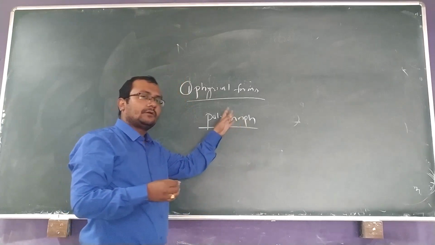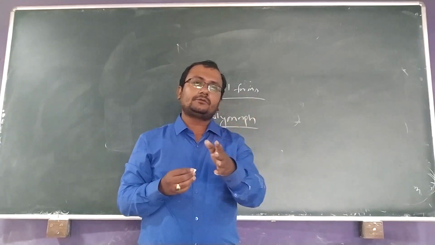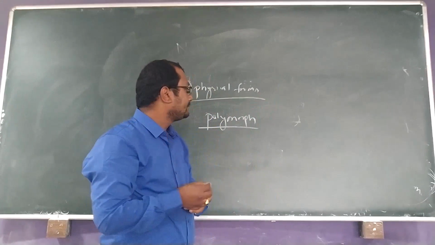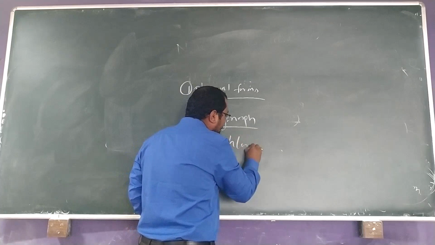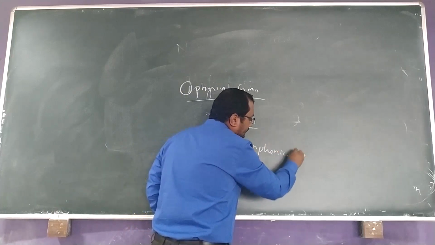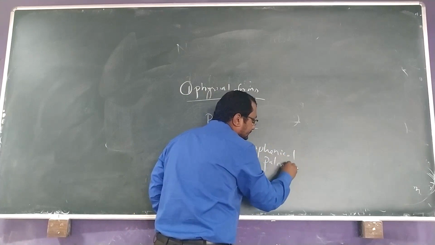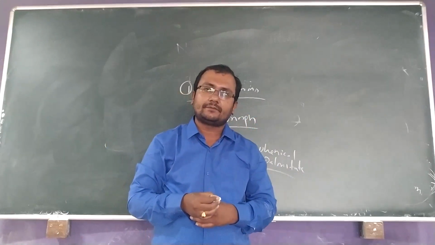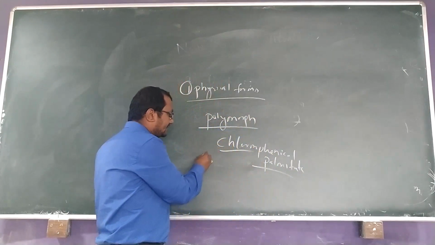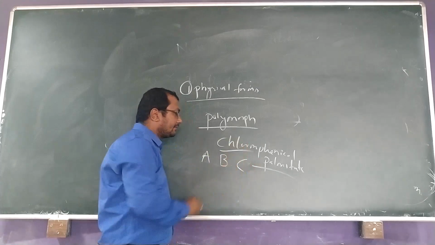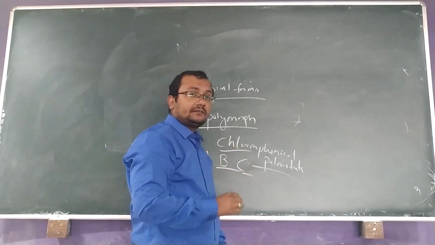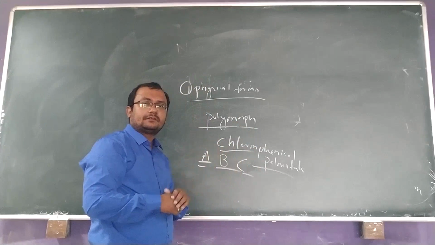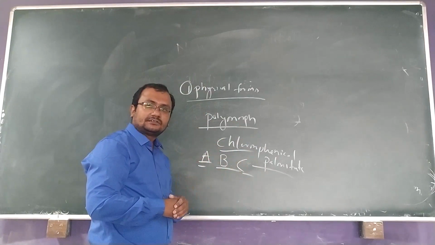Generally, there are so many types of drugs that will tend to go for this polymorphism process. For example, we will take chloramphenicol palmitate. It has three crystalline forms, A, B, C. But from all these three polymorphs, not all are stable.